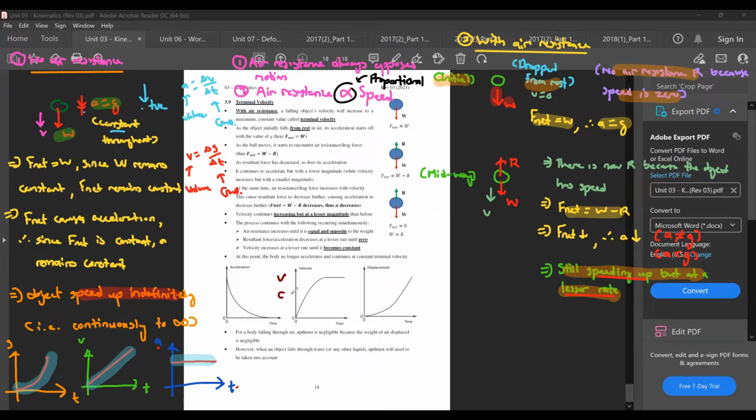Right. It was 0 meters per second. Then after that, it became 10 meters per second. Then it became 15 meters per second. Then after that, it became 17 meters per second. So this one is velocity.